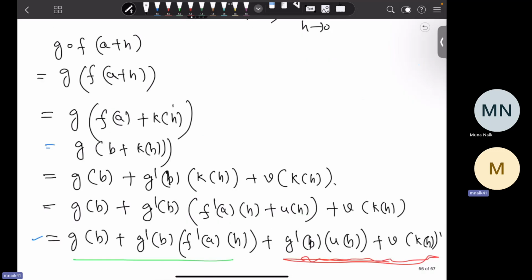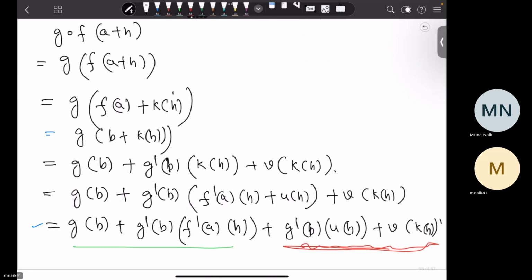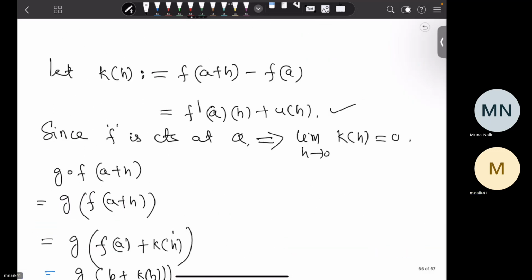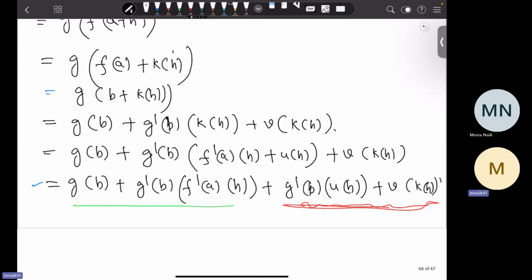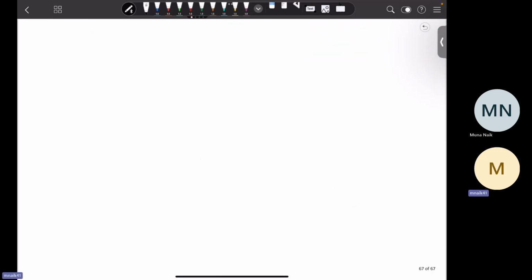Now this second thing. I have to show that b of norm of kh is really 0. So what I have to show: limit as h tends to 0, b of kh is little o of h.